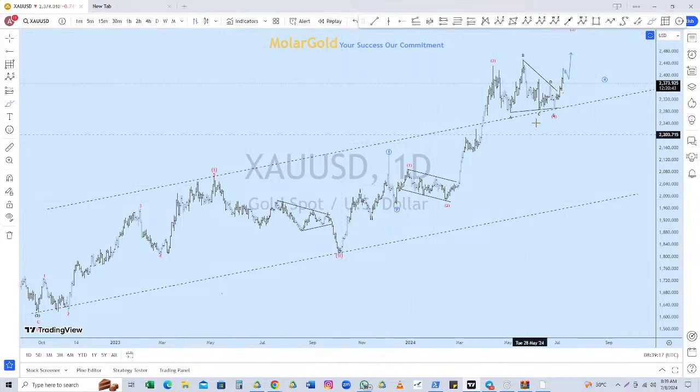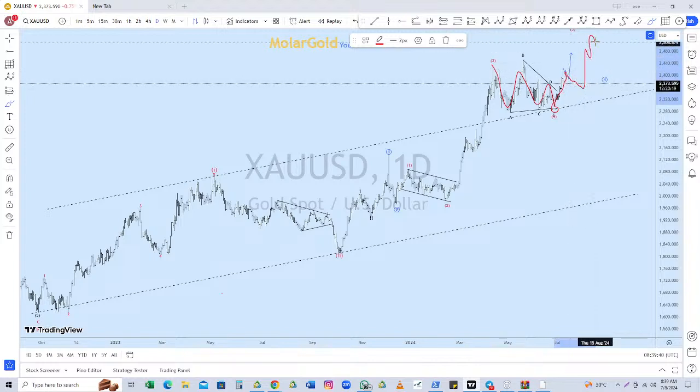Like I told you last week, guys, we have two alternatives to play out this week. One, we have this triangle which is A, B, C, D, E, and then this has started the move. Then we're going to get a correction, we move back and we continue. That is going to complete this degree, with 1, 2, 3, 4, 5, this red one.